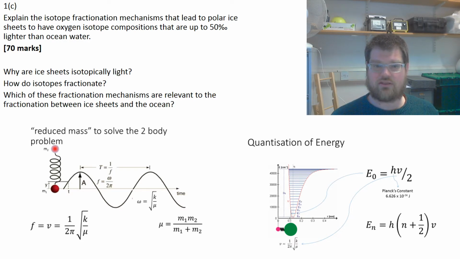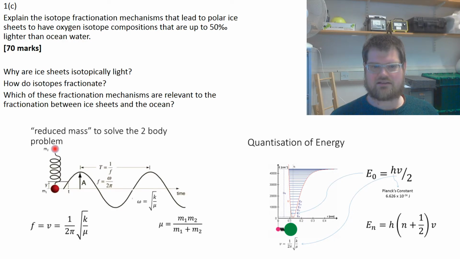And that's to do with the vibrational energy of a bond being related to the mass of the atoms on the end of that bond. In the very simple case of a single bond, which can be approximated to a simple spring, that can be explained with this series of equations.